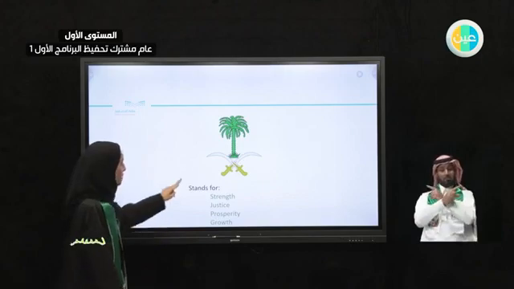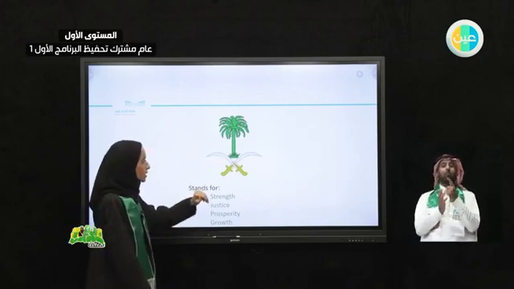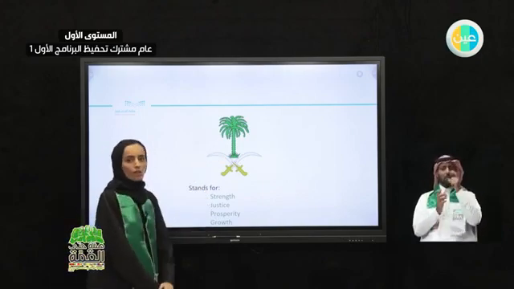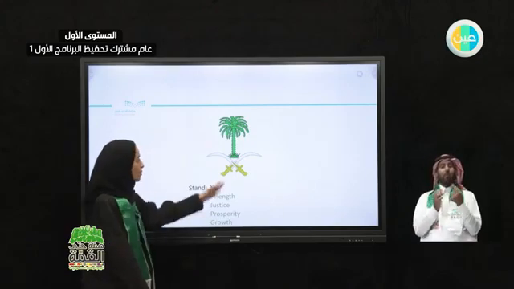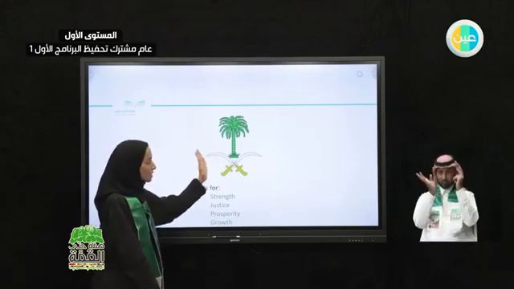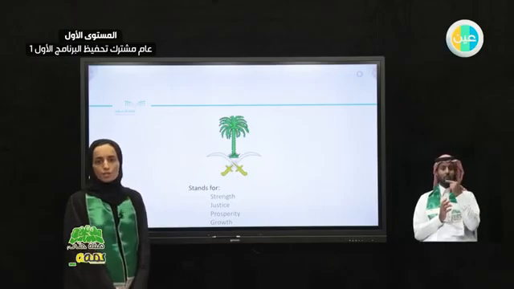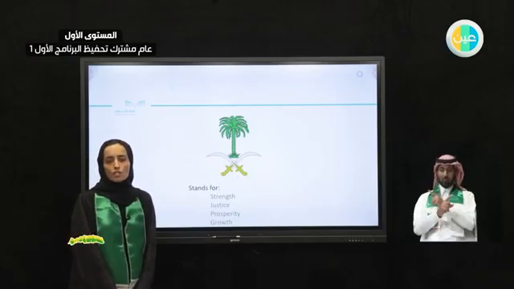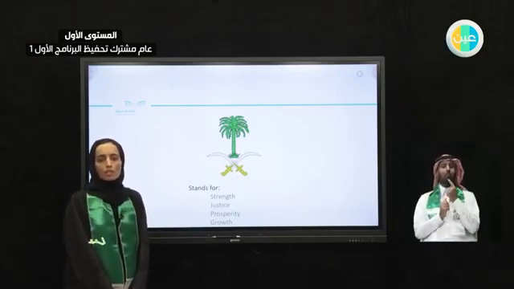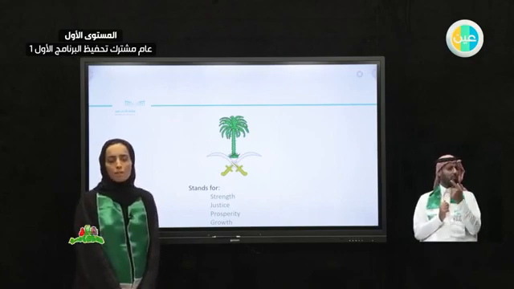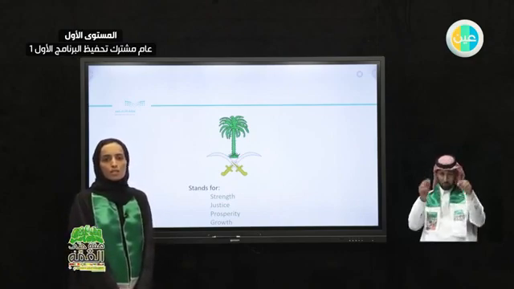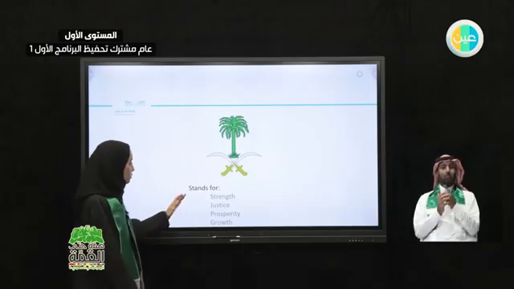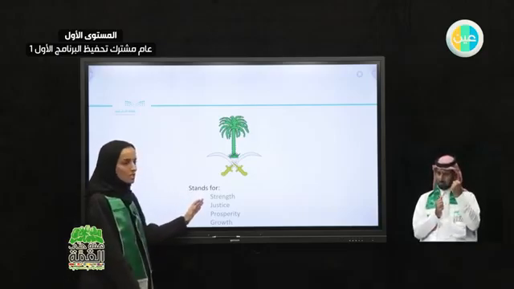It is the Arabian swords with the top of the palm tree. So a palm tree, and we have the Arabian swords. What are the connotations? What is the symbolism that we have in here? The meaning of these symbols. They stand for strength and justice.